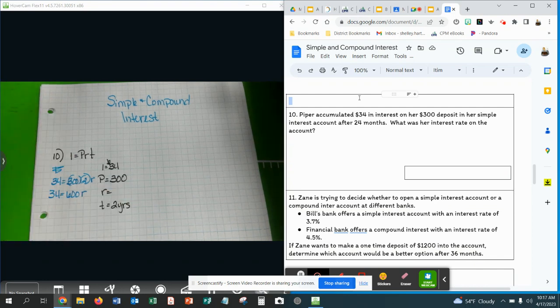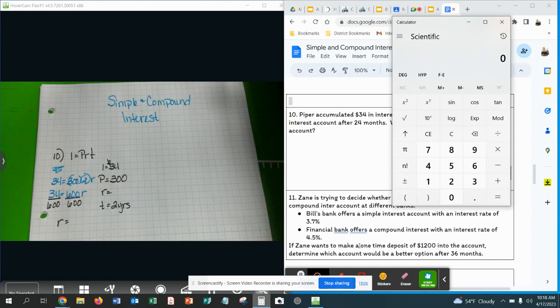Okay, what do you think we need to do next? Well, because we want to get the R alone by itself, because that's what we want to find, we're going to divide by 600. Our R is going to equal whatever we get. So let's pull up this handy dandy calculator.